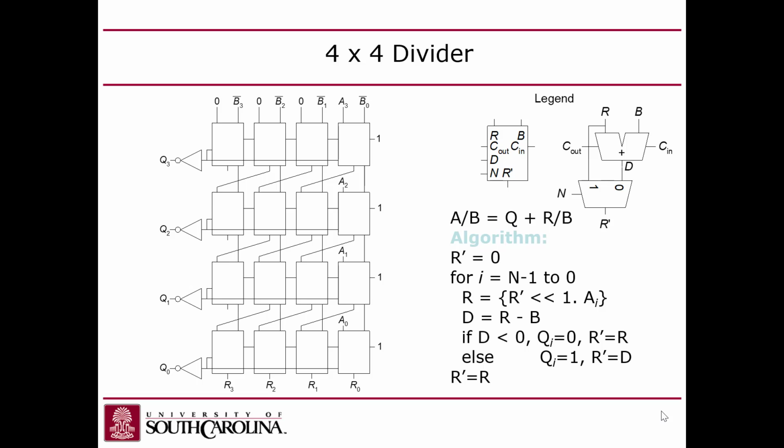They're gradually shifting in A. A bit 3 is the least significant bit initially. In the next stage, they're going to take that and shift it to the left by 1, and they're going to shift in A2. But they're not shifting A3 in necessarily, because this might have been the remainder. So they're shifting the remainder over, and they're shifting in each bit of the A value, the dividend value.